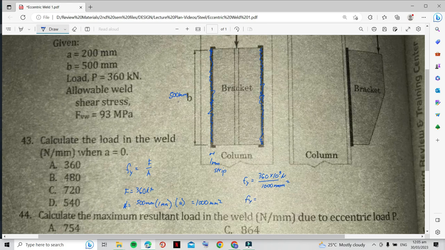Y is equal to 360 Newton per mm. It is a 1 mm strip, so we can write it as 1 and not put squared, although the right thing is squared. It's an imaginary 1 mm strip. So that's the answer.